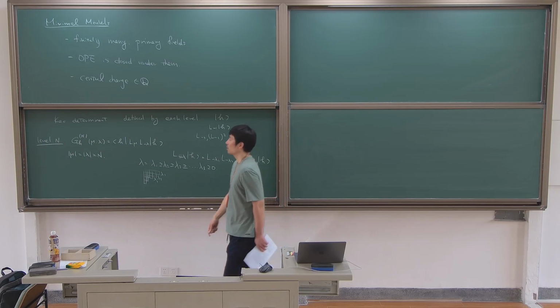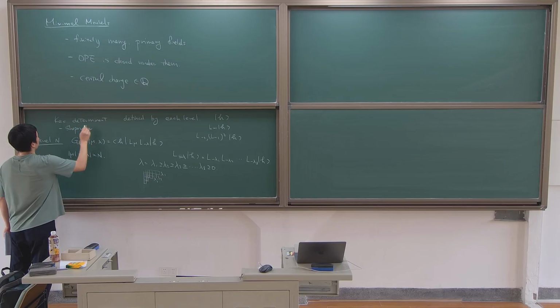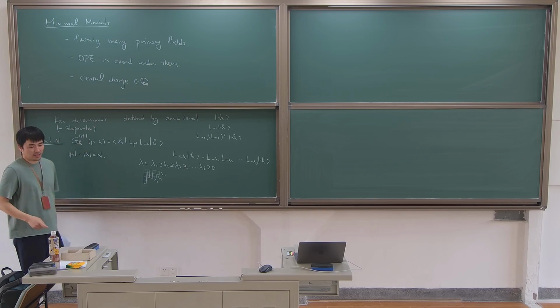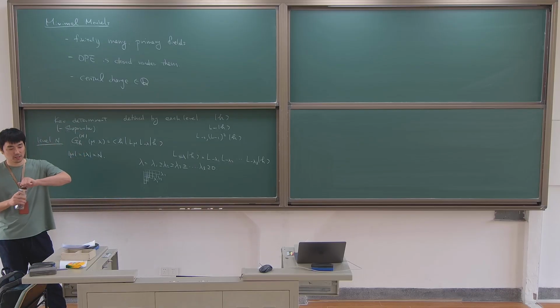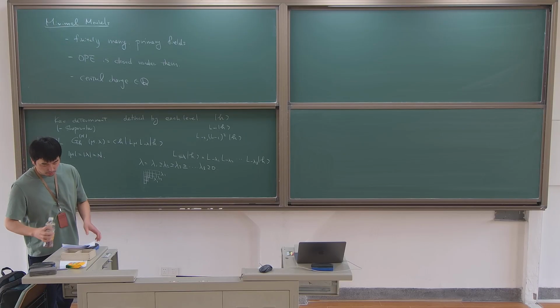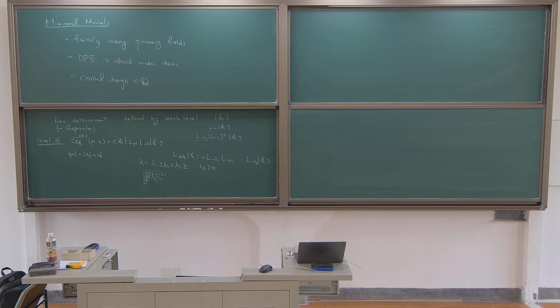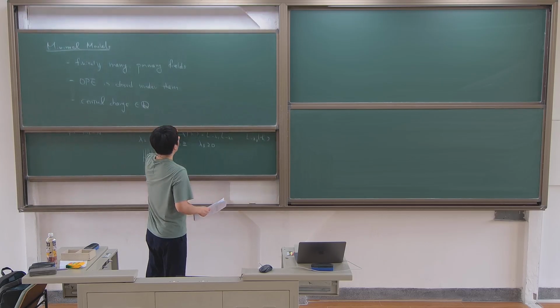Kac determinant or Kac–Shapovalov. I mean, for the Virasoro case, Kac determinant is more appropriate. For the other cases, for W algebra, anyway, I'm not going to say anything. But anyways, sometimes it's called the Shapovalov determinant.